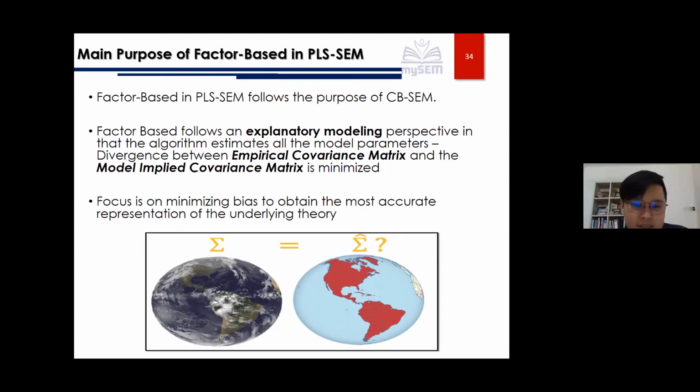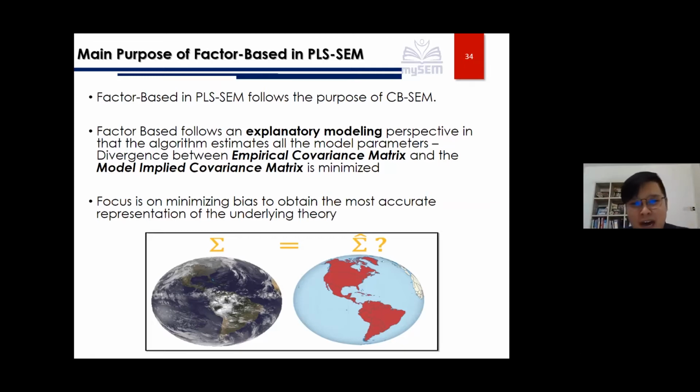In a more layman scenario, it's like if the theory said the earth looks like the picture on your left-hand side. Then you go and collect your sample, you run your model fit, and your data does not really show that the earth looks like the left-hand side, but looks like the right-hand side.